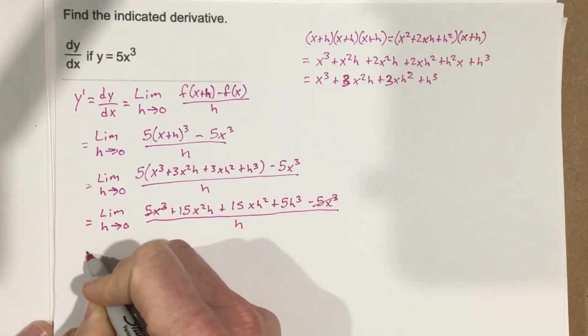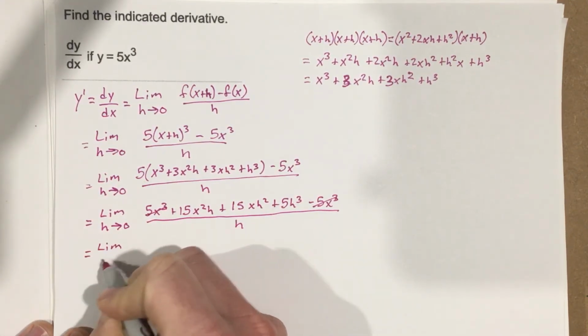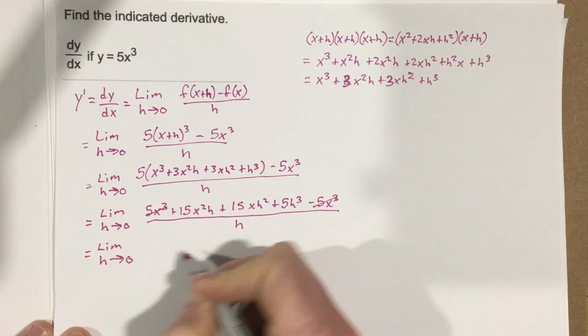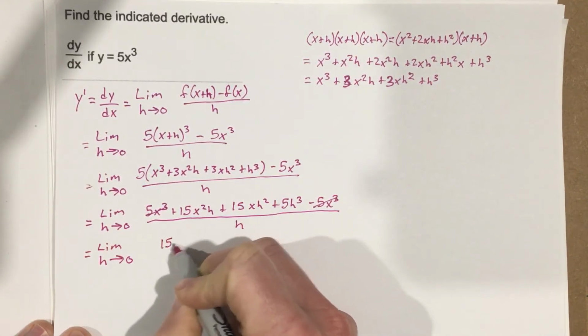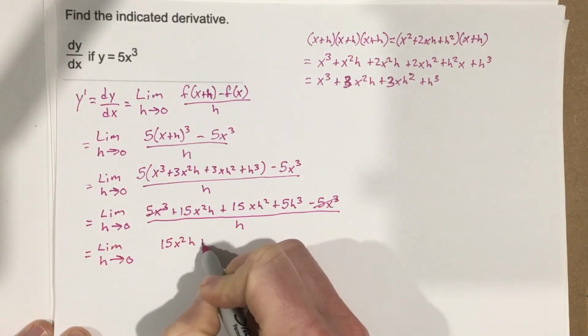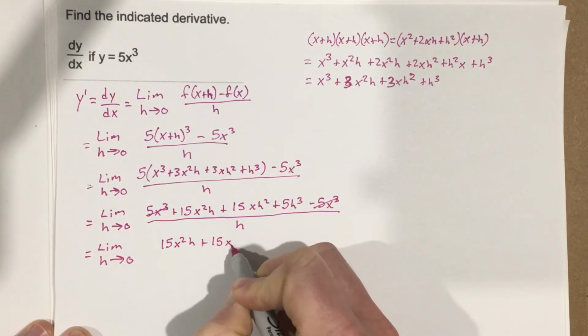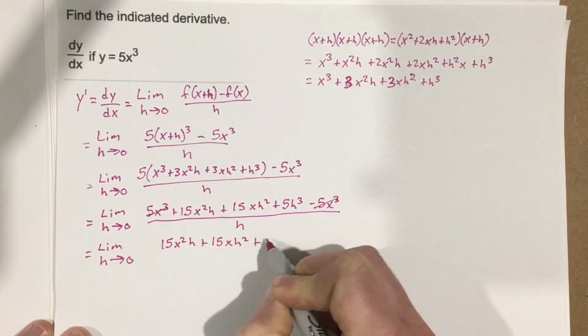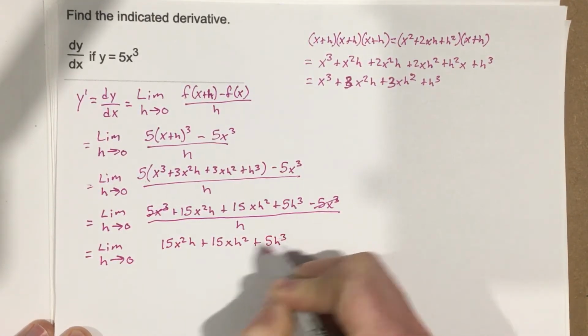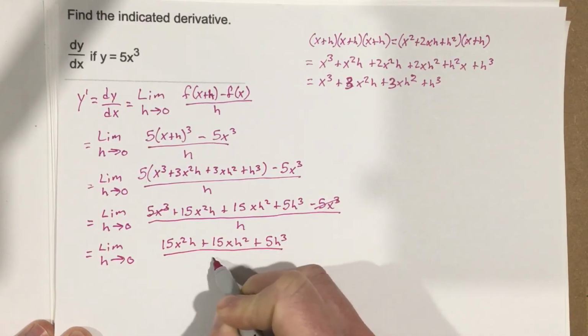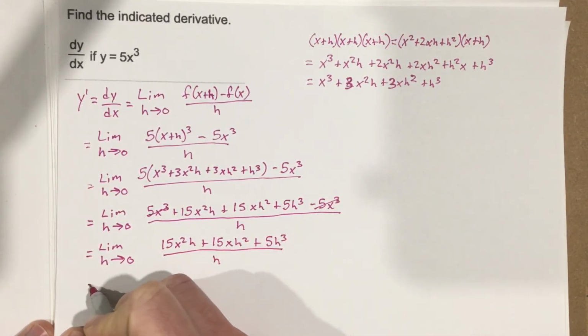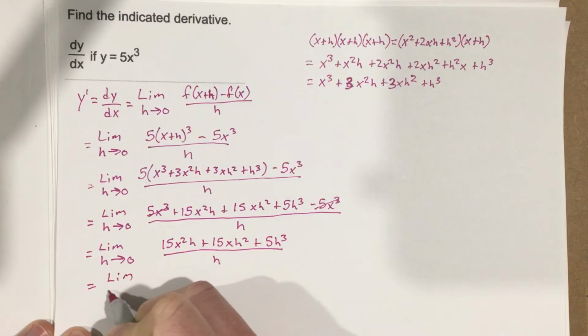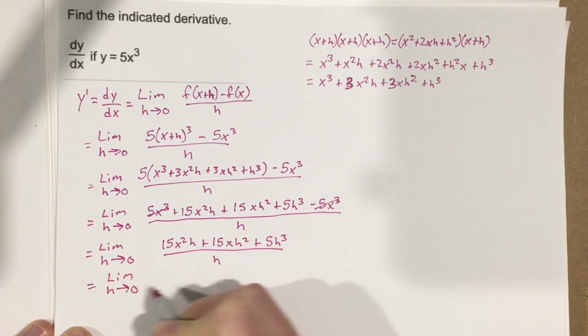So I'm left with the limit as h approaches 0 of 15x squared h plus 15xh squared plus 5h cubed all over h.